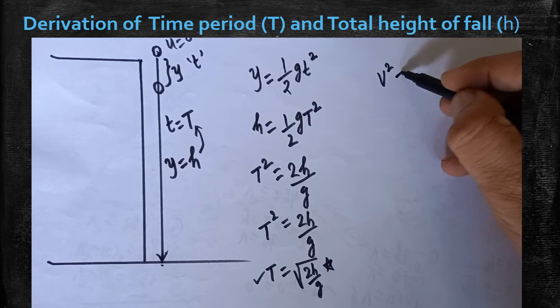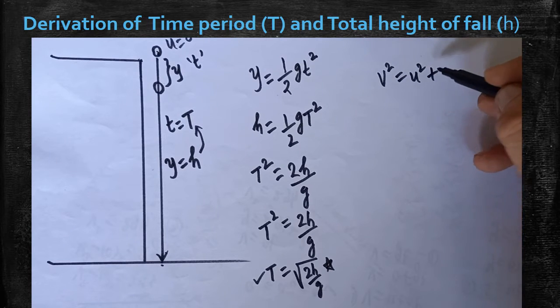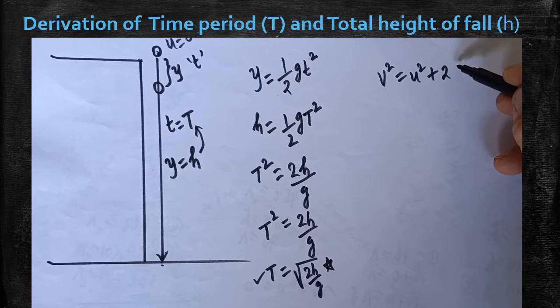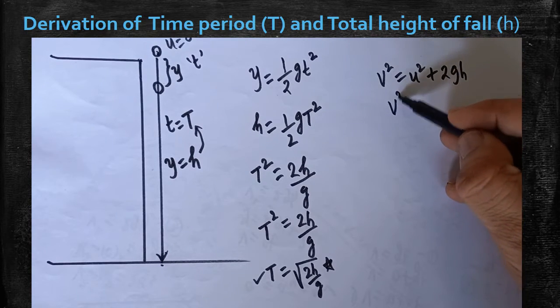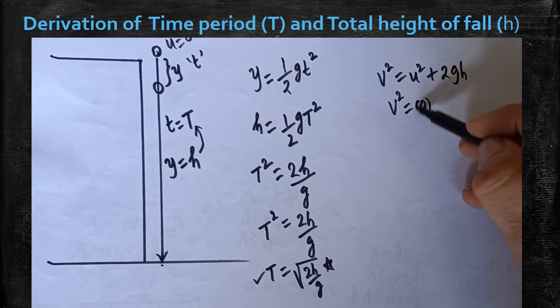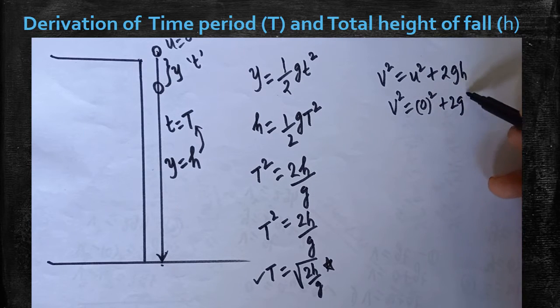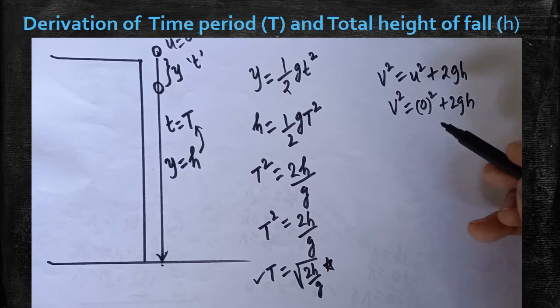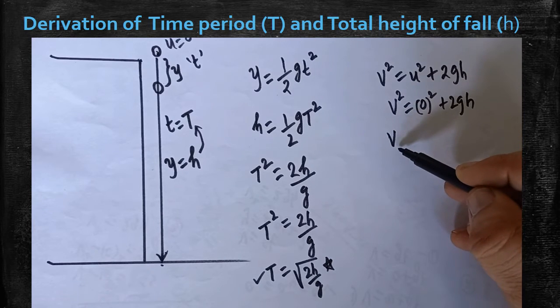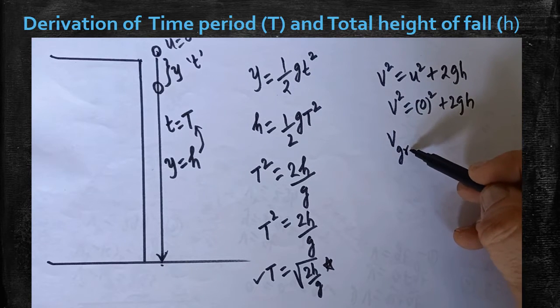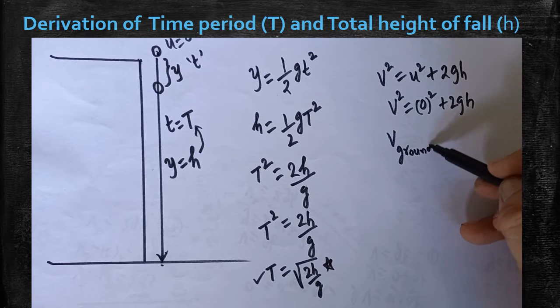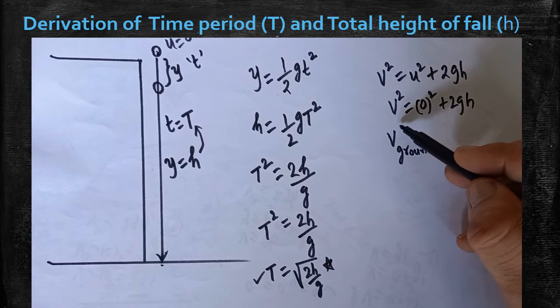v square is equal to u square plus 2gh. Here u is 0. Therefore, v square is equal to 0 square plus 2gh. Finally, if you want to get the velocity with which the object hits the ground, take the square root on either side.